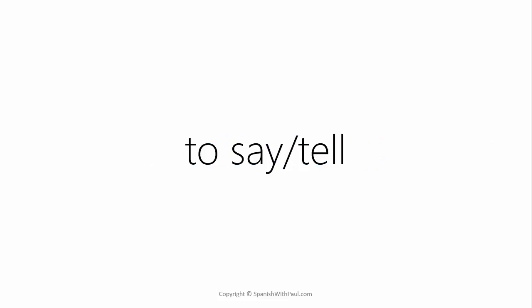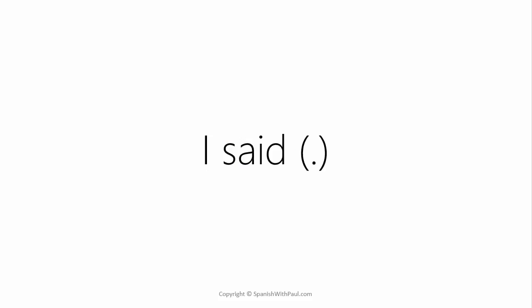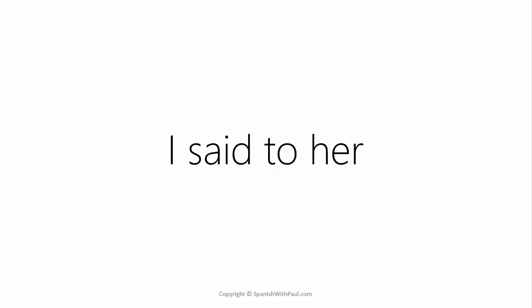What's the verb to say or to tell? Decir. To express I said as a dot past, I wonder if you can remember that. Dije. How would you say I said to her?